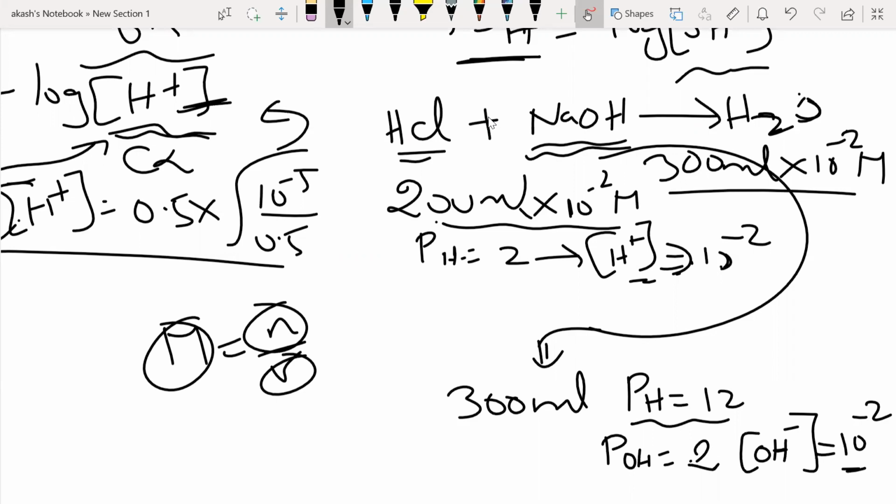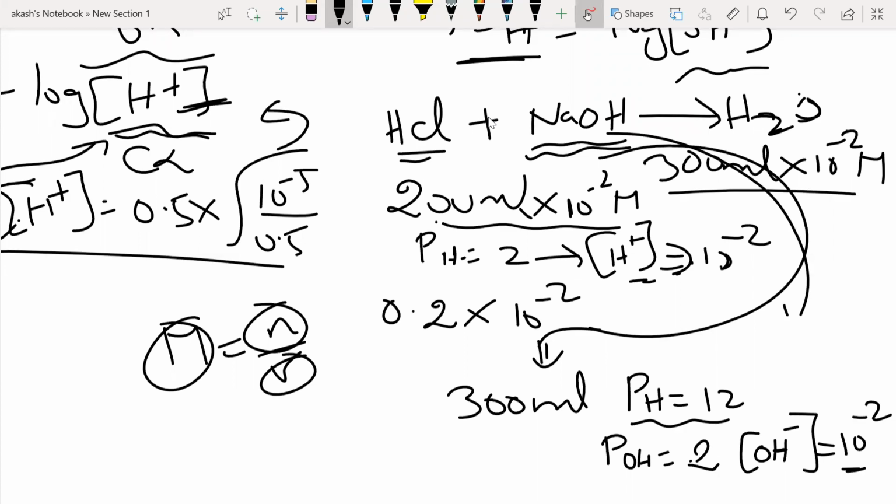Now let me calculate the number of moles. Obviously you have to divide by 1000, but we'll just do it as millimoles. So I can write 200 ml as 0.2 liters. 0.2 into 10 to the power minus 2 is what is for the HCl, right?